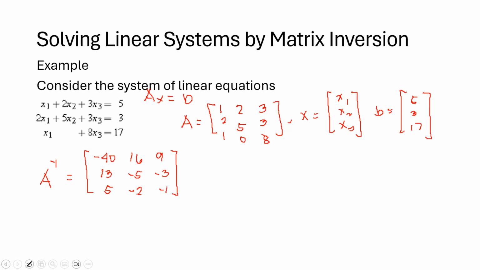You can pause the video to get the step-by-step process of getting the inverse of A.